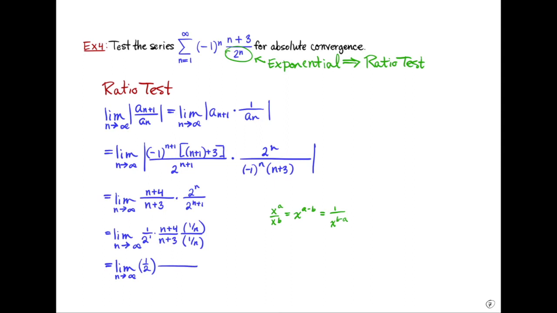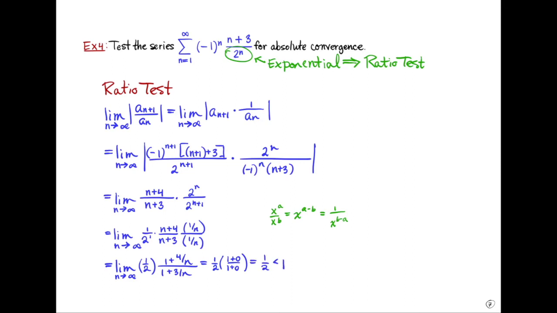In the numerator, we have 1 plus 4 over n. In the denominator, 1 plus 3 over n. And now as n goes to infinity, this limit goes to 1/2, and 1/2 is less than 1.